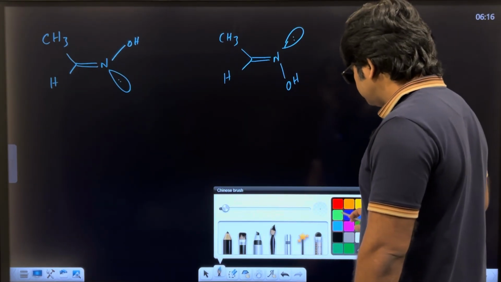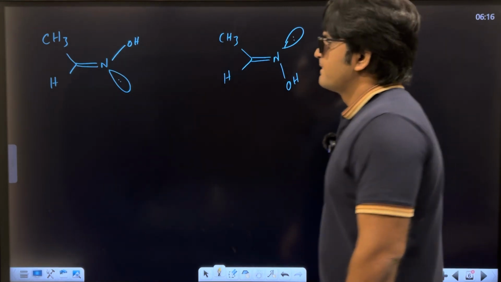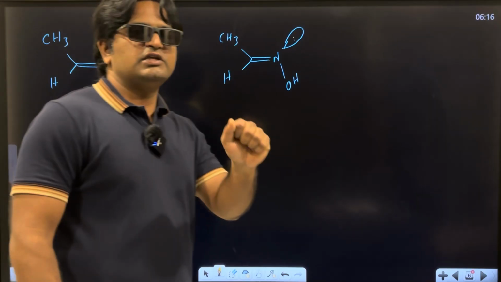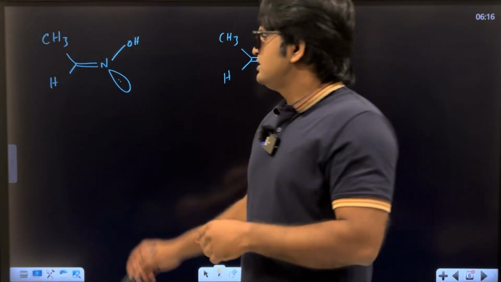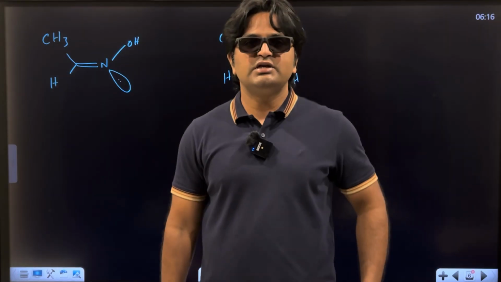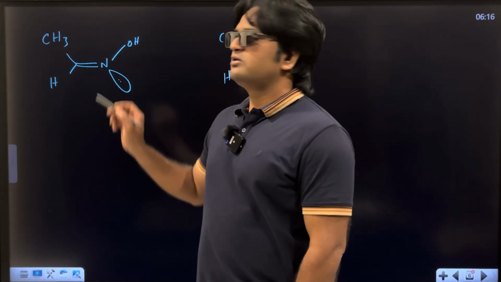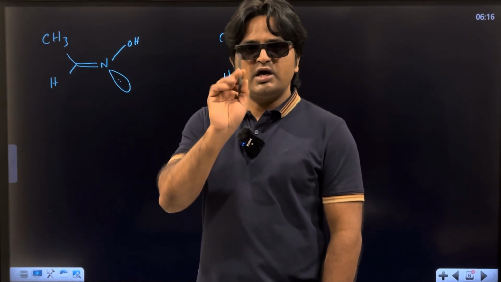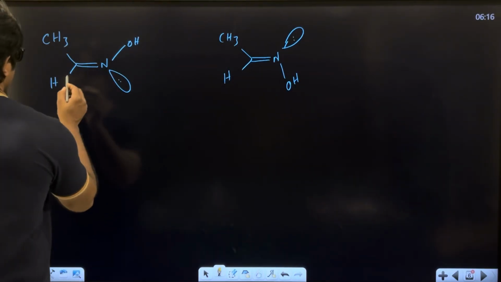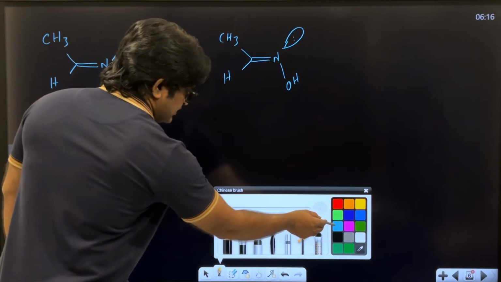Okay, right. First point, if you want to explain geometrical isomerism, just look at the multiple bonded system. Is restricted rotation present or absent? There is a restricted rotation because of the presence of sigma and pi bond. First condition satisfied. Next one, you look at the groups. Now here, what are the connected groups?